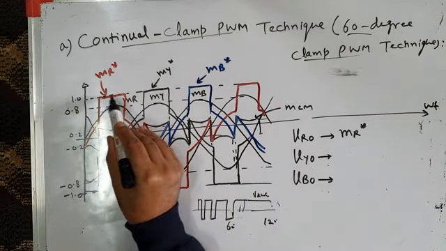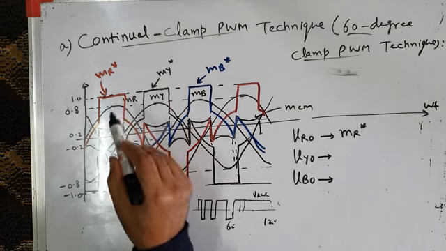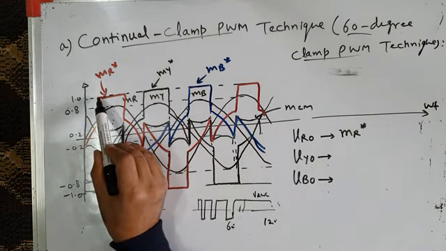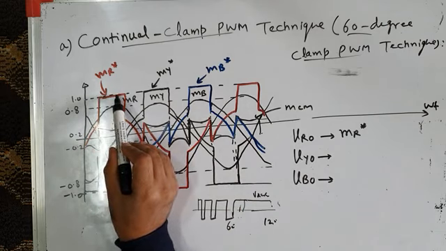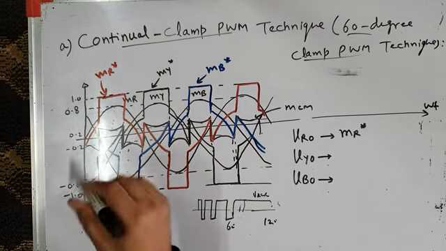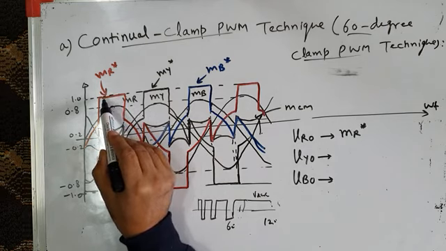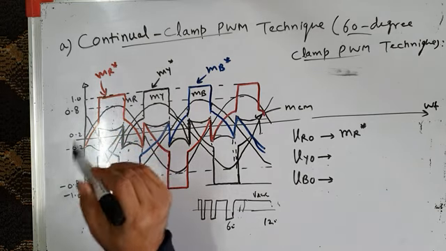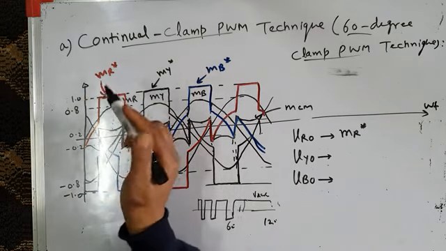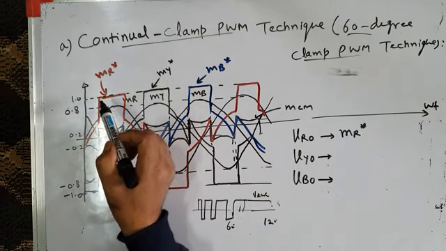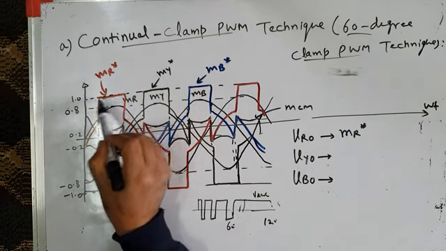Your phase leg R gets clamped to positive DC bus because your MR star is 1. And since MR star is 1, there is no intersection between the triangular carrier wave and MR star. MR star is greater than the triangular carrier wave, and your top switch of phase leg R remains permanently on, and your phase leg R gets clamped to positive DC bus.